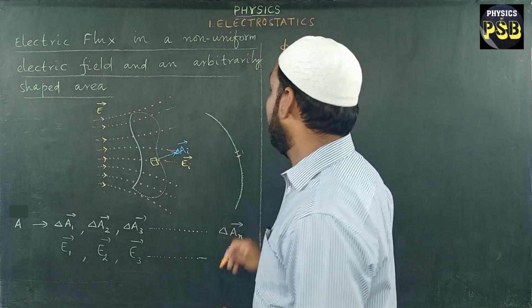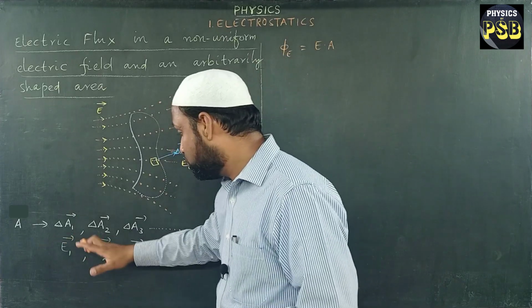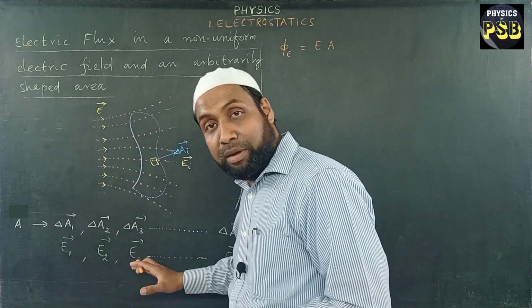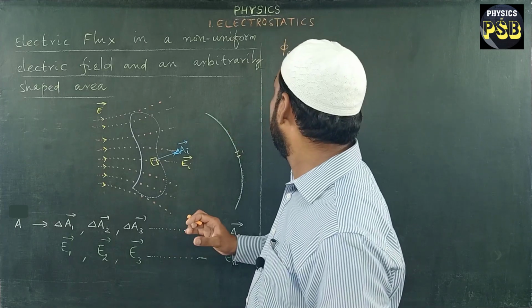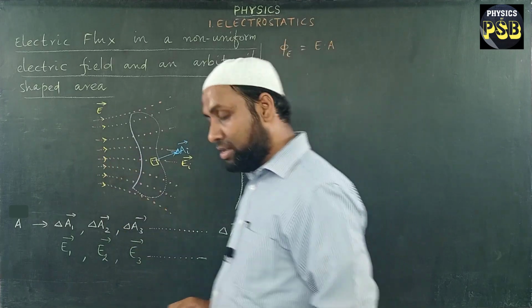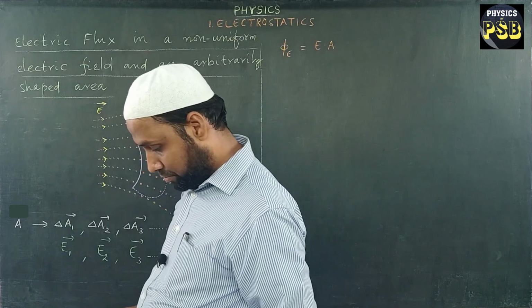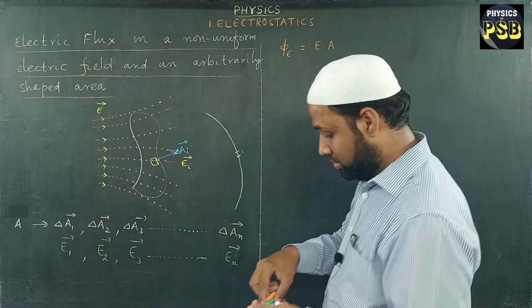So, by keeping this in mind, I am going to get the electric flux for each segment. Then I am going to combine them together to get the approximate electric flux for this curved surface. Let me do that.